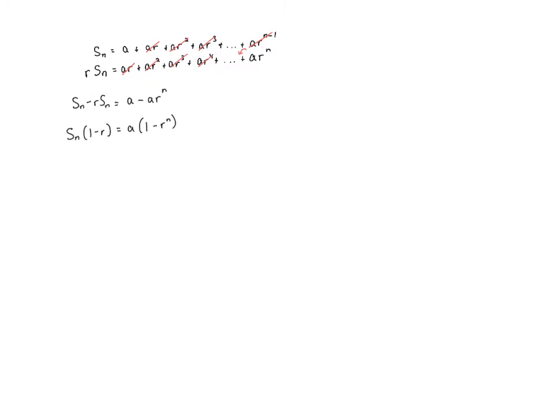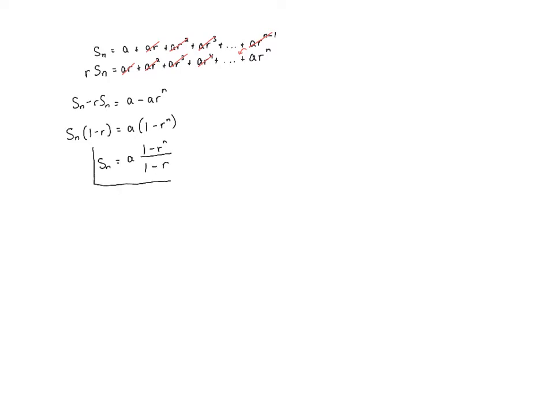And remember, our goal was to figure out a formula for the nth partial sum. So to get this alone, we divide both sides by 1 minus r, and this gives us s sub n equals a times 1 minus r to the n over 1 minus r.